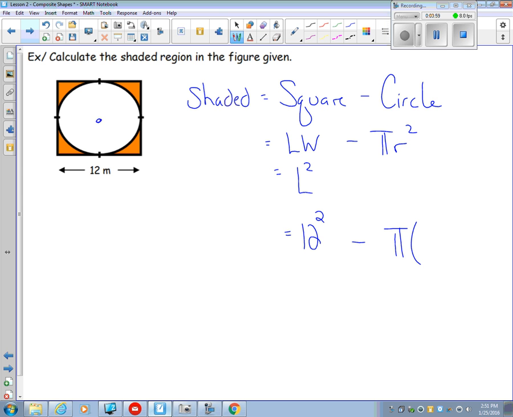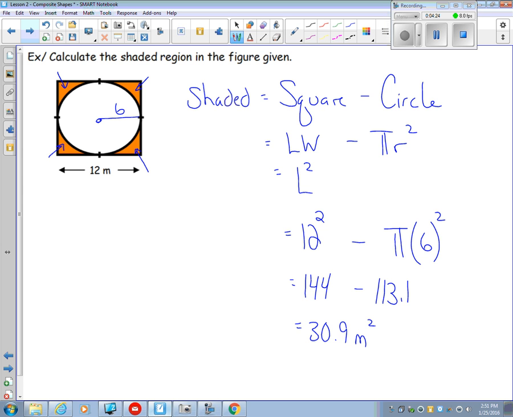Our radius would be from the center out, so that would be 6 squared. My square is 144. My circle, pi times 6 squared, is 113.1. And if I subtract the circle from the square, I end up with 30.9 meters squared.